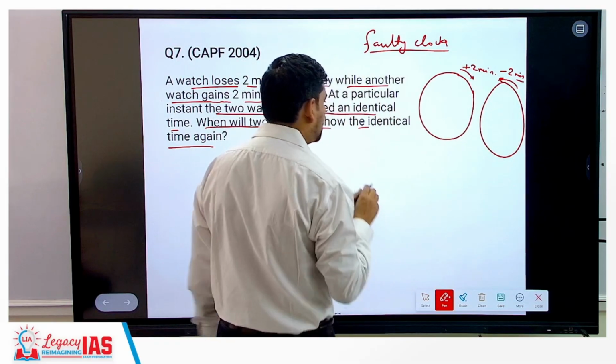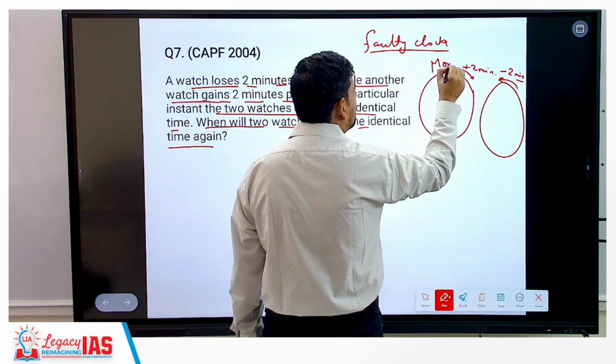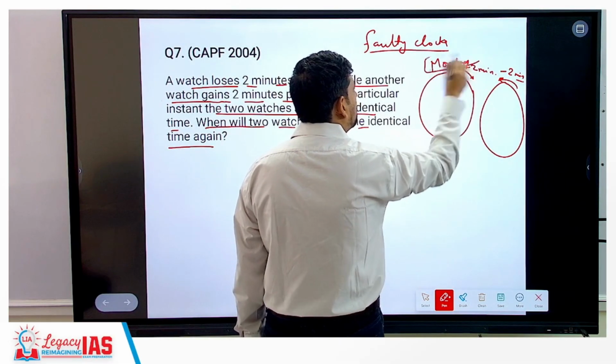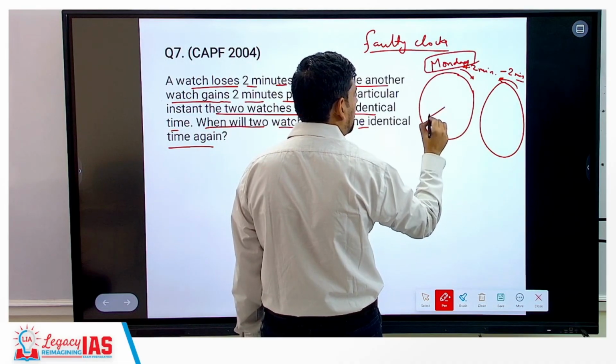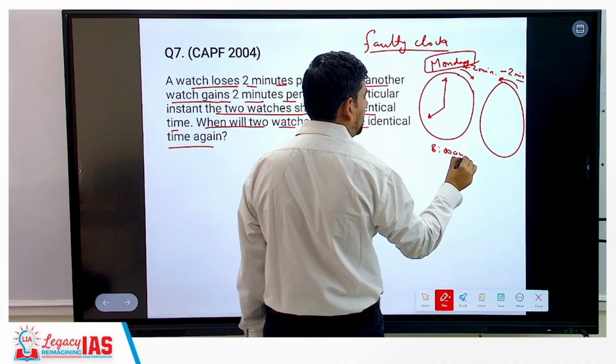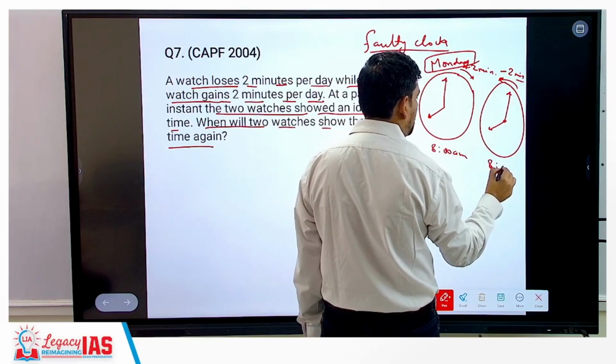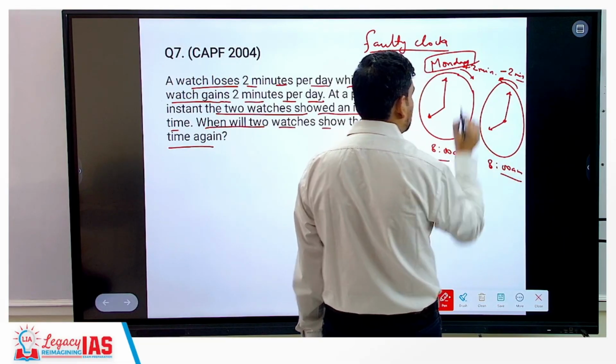For example, let's take the first day. Let's say this is Monday. Both clocks on Monday are showing, let's say, 8 a.m. Correct?